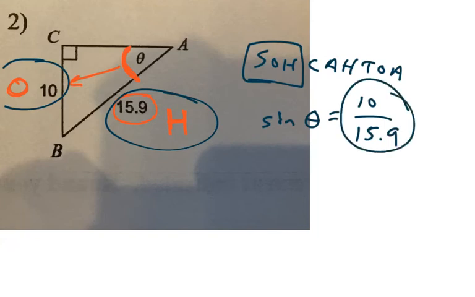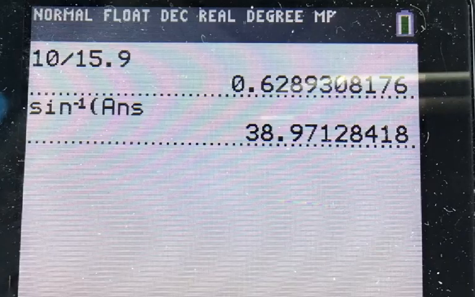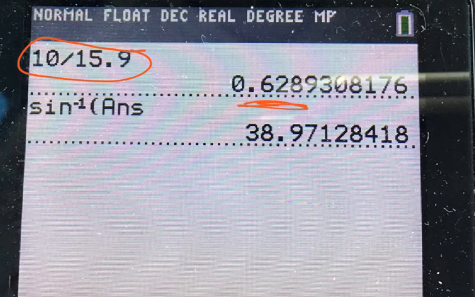Again, we're going to do this in our calculator. We're then going to do the sine inverse, okay, of our result, and that's going to give us theta. So 10 over 15.9. You can see right there, I did my 10 divided by 15.9. That's 0.6289. I did the sine inverse of that answer.